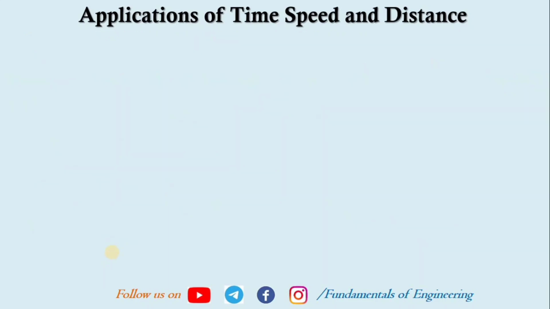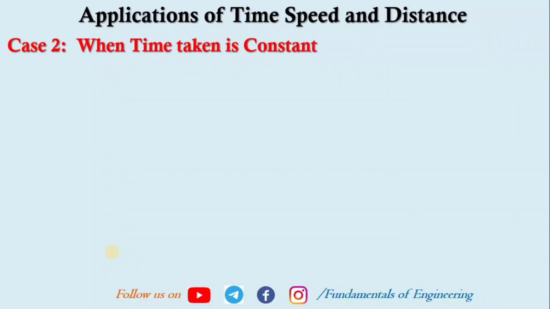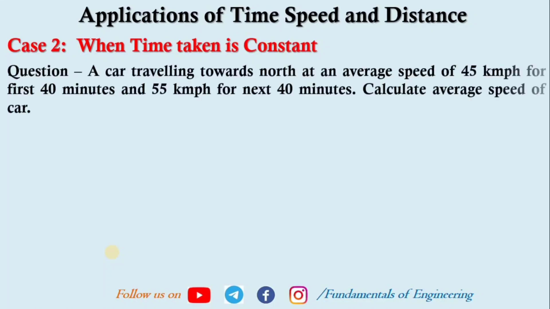Now the second application: whenever the time taken by the object is constant to traverse a certain distance. For that, see the example. A car is traveling towards the north at an average speed of 45 km per hour for 40 minutes and 55 km per hour for the next 40 minutes.